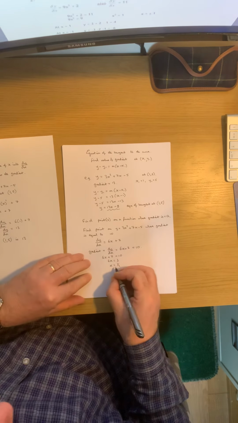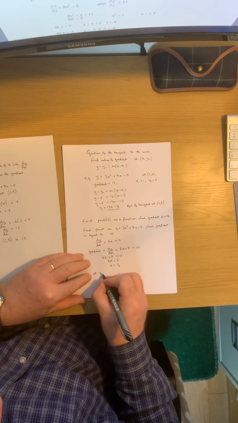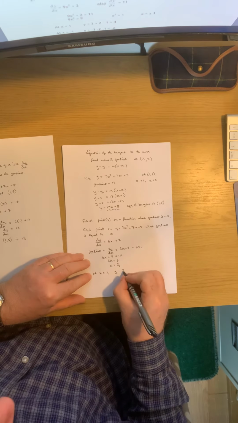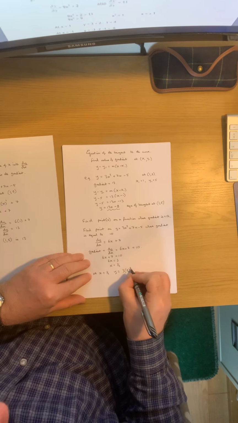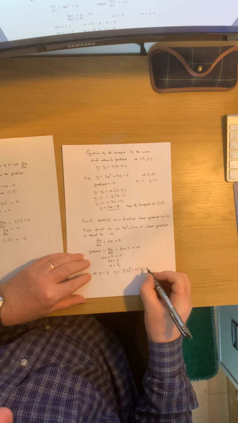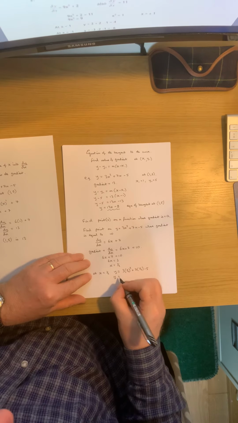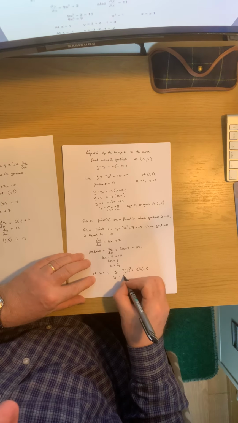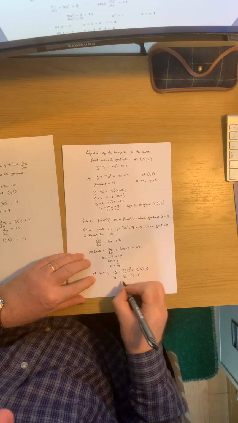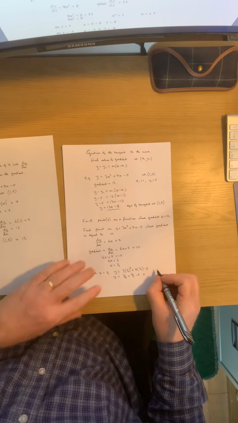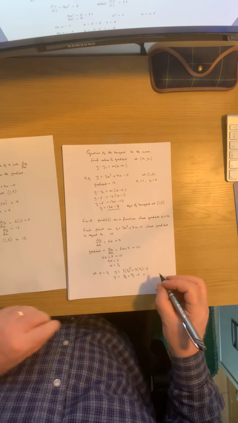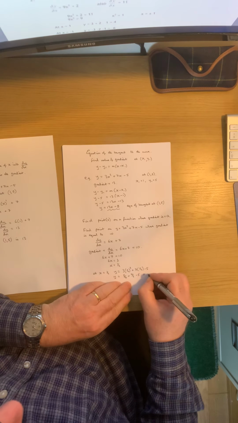So at x equals a half, y equals 3 times a half squared plus 7 times a half minus 5. So y equals 3 over 4 plus 7 over 2 minus 5, which equals 17 over 4 minus 5.